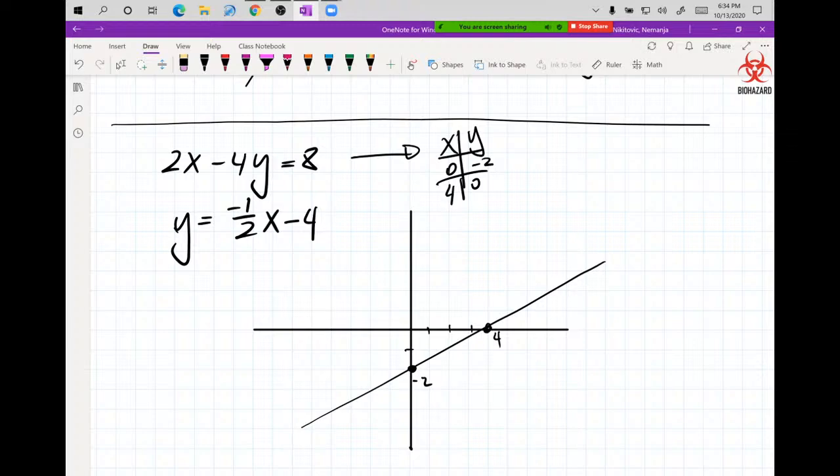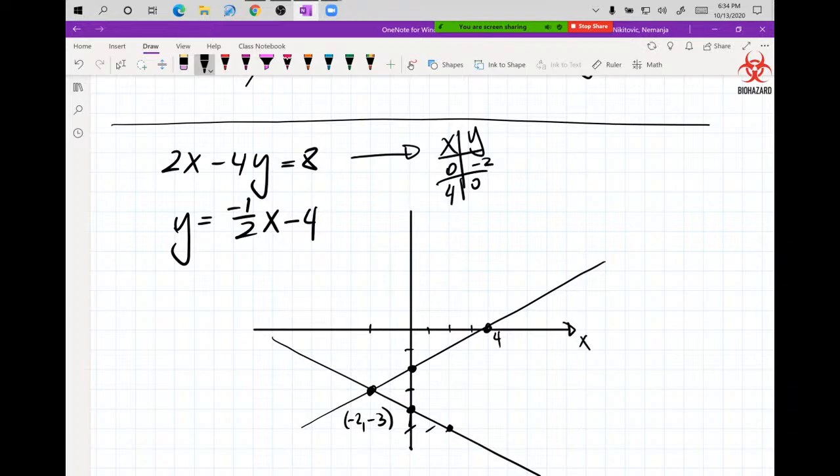I put -2 too low. -3, -4, 1 unit down, 2 units over because of the half. But usually these problems work out nicely. There we go. And they intersect here at -2, -3.